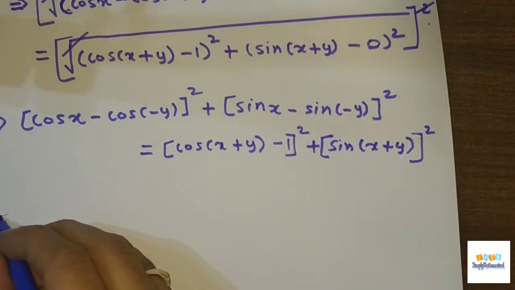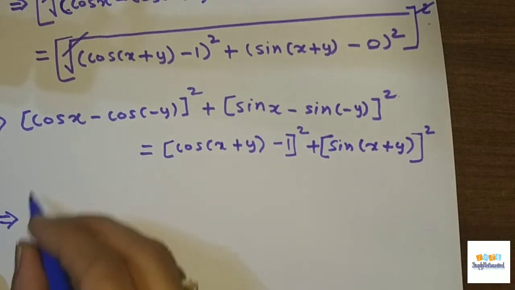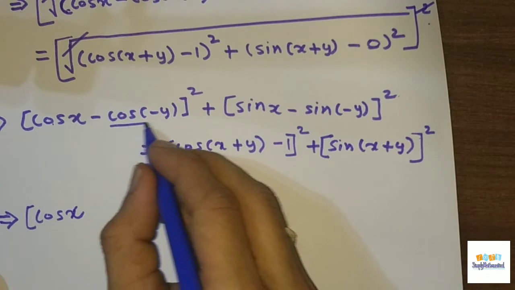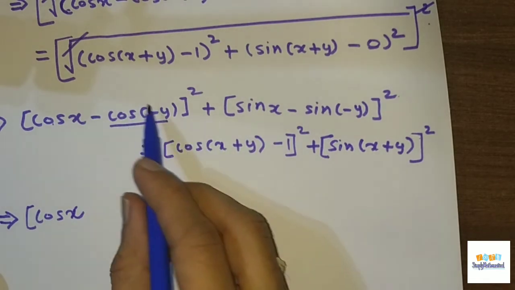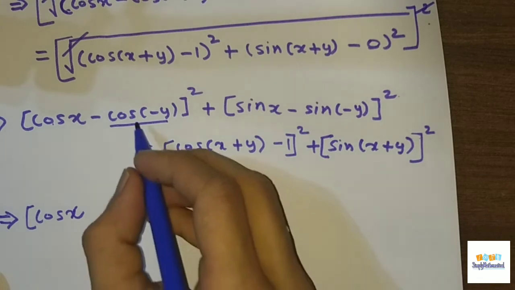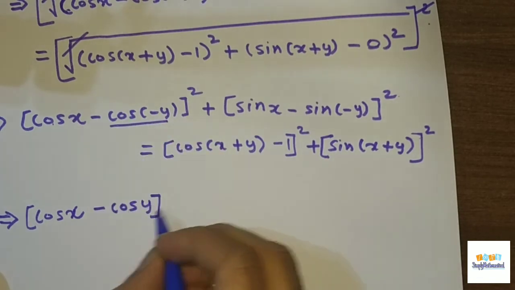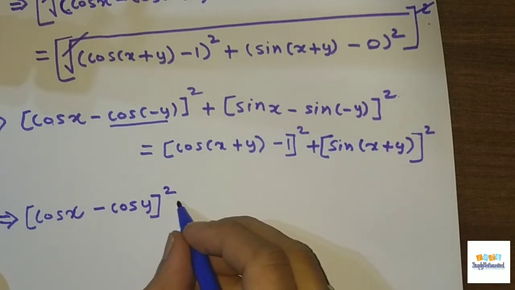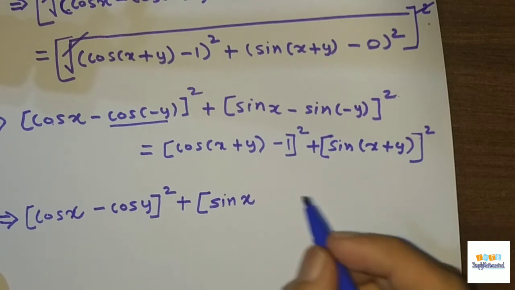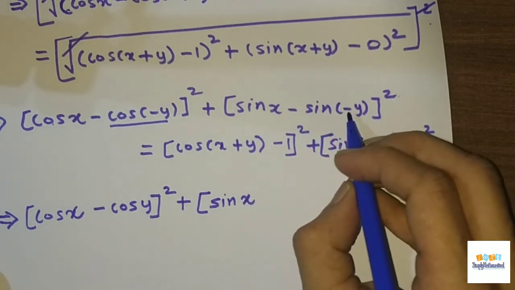So that means what we will get here: it is cos x, then what about this? You know that cos of minus y is cos y, the whole square, then plus sin x, now again you know that sin of minus y is minus sin y, right?